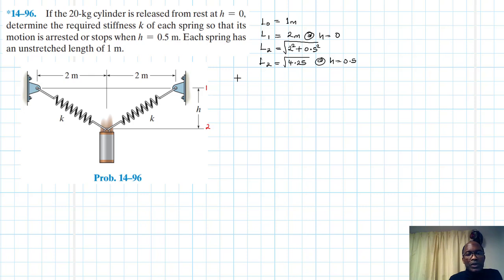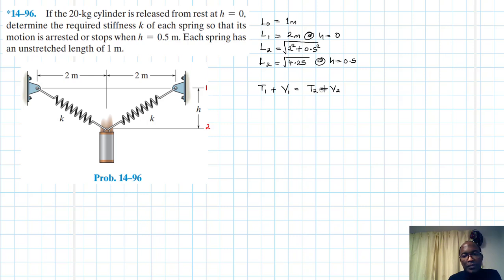Okay, so using the conservation of energy, we say the kinetic energy at point 1 plus the potential energy at point 1 is equal to the kinetic energy at point 2 plus the potential energy at point 2.